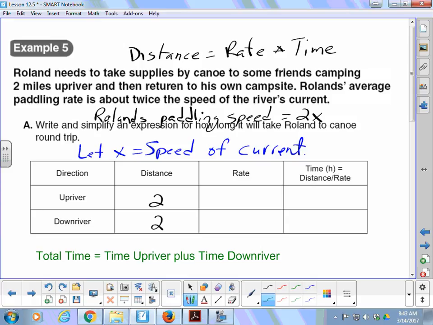So when I'm going upriver, how does the current help me? What does the current do to me when I'm going up the river? Does it help you go faster or does it slow you down?